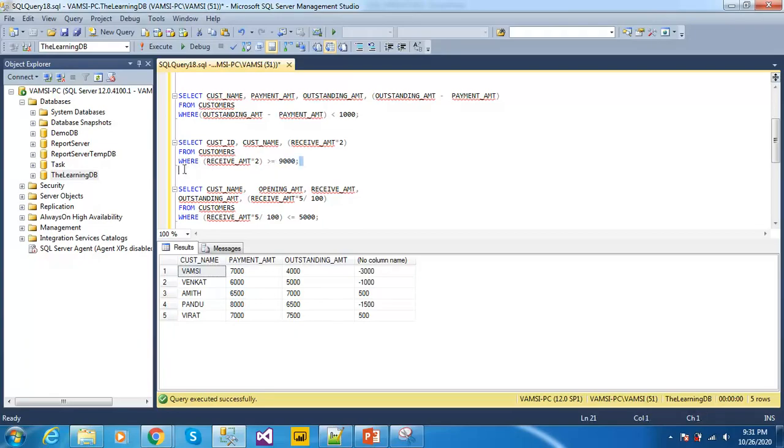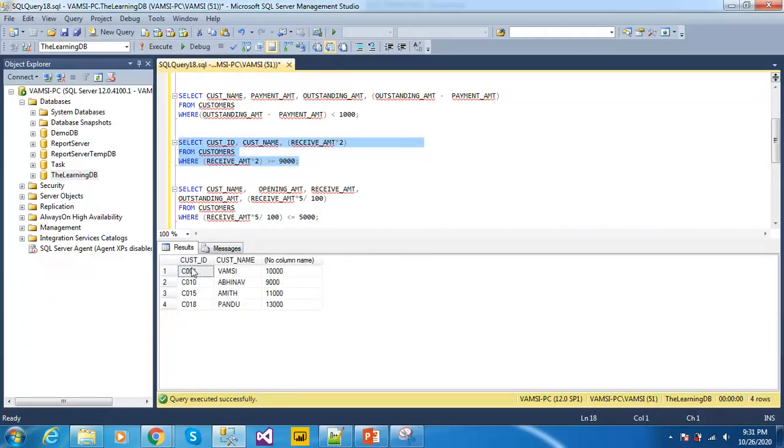Let us execute this query and see the output. I have got the output of customer ID and customer name where receive amount multiplied by 2 is greater than or equal to 9,000. I have got a total of 4 records here from the table customers.